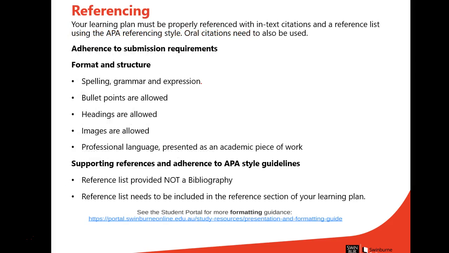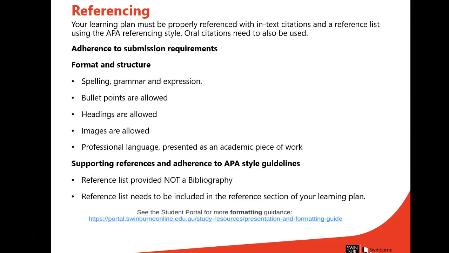So when you're looking at referencing, you need to make sure that you are following APA referencing style. Oral citations need to also be used, so make sure you're doing that, and I've talked about that throughout. Make sure your spelling, grammar and expression is all to the best that it can be. Bullet points are allowed, headings are allowed, images are allowed.